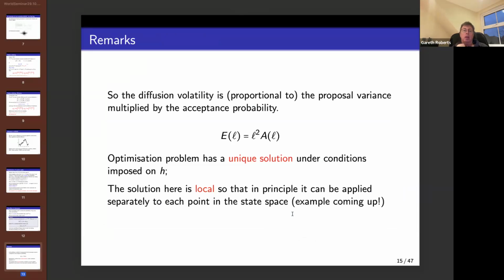So the volatility of a diffusion is essentially the proposed variance, which is proportional to L squared, multiplied by the acceptance probability. This kind of factorization here, which was artificial in this example we've just talked about, is also something that's very natural and happens most of the time in high dimensional MCMC, where whatever you do in one component is only one component of d dimensions.